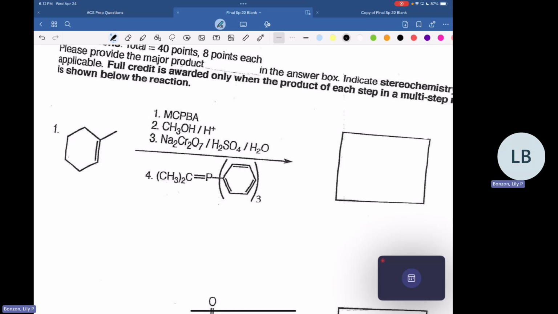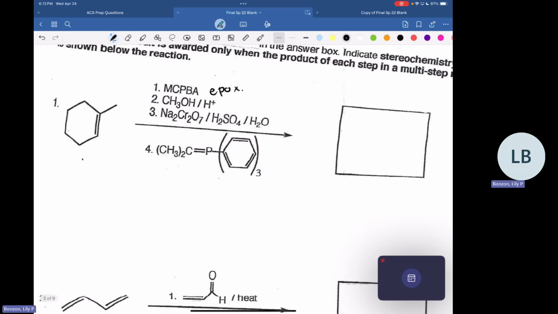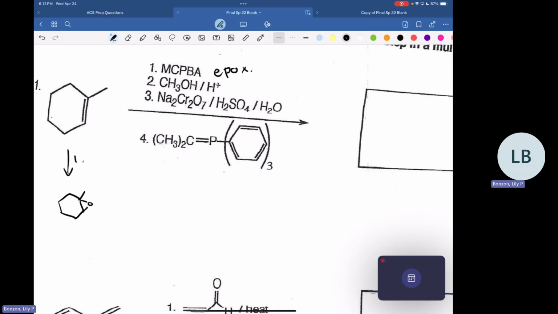So to get started, we have mCPBA. This is going to be our epoxide forming reaction. So step 1, we've got our epoxide. And then CH3OH and H+. So this is going to be our acid catalyzed ring opening, or epoxide opening. For this, you'll want to remember the BLAM acronym: base, least, acid, more.